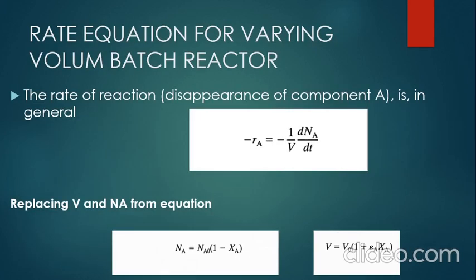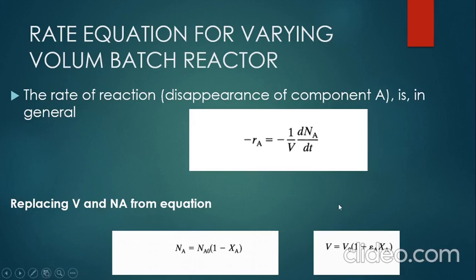Rate equation for the varying volume batch reactor. Now we discuss the rate equation. As we know, the rate of reaction in general is minus RA equal to minus 1 over V dNA over dt.